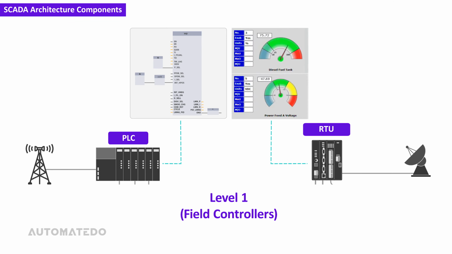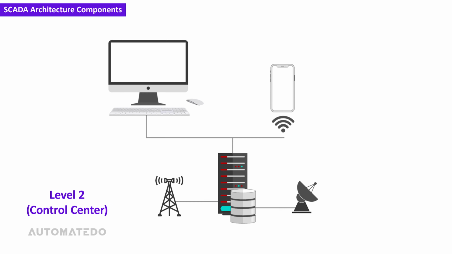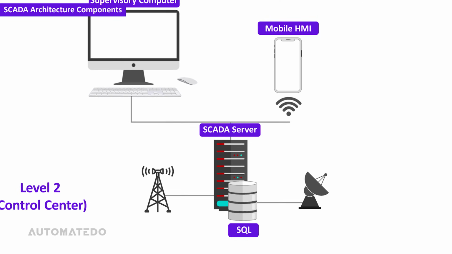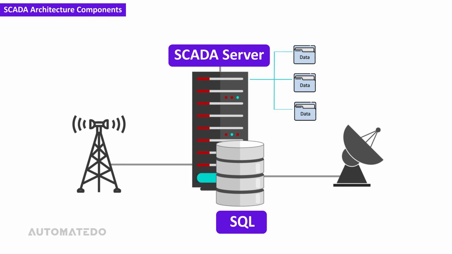These controllers require configuring and programming to carry out directives critical to plant processes. And Level 2 contains a control center, including a SCADA server alongside SQL database, mobile HMI, and supervisory computer. All of the data and events related to the SCADA system are stored in the SQL database for further use.